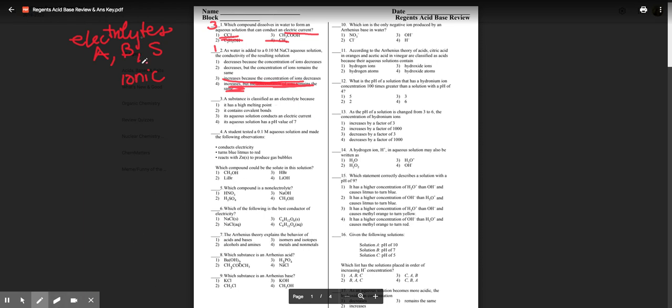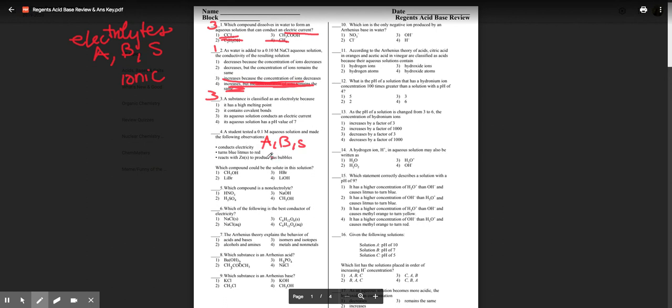Okay, so we just talked about electrolytes. A substance is classified as an electrolyte because it is conducting electricity in the aqueous solution. Okay, so we have a 0.1 molar aqueous solution. It conducts electricity. Okay, so already I need an acid, base, or salt. It's going to turn blue litmus red, and it's going to react with zinc to produce gas.